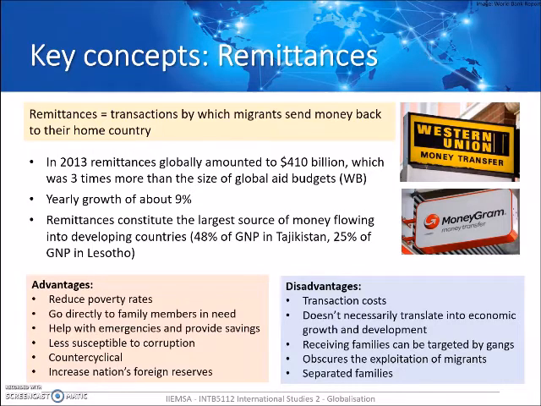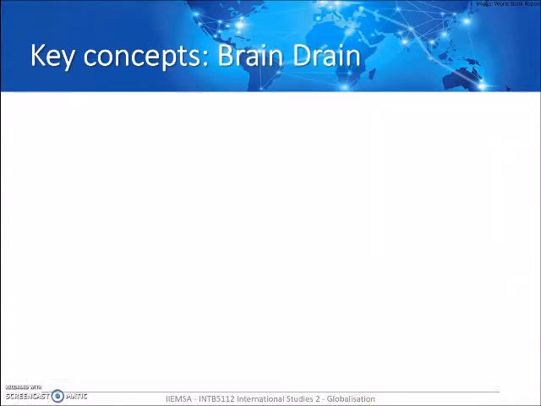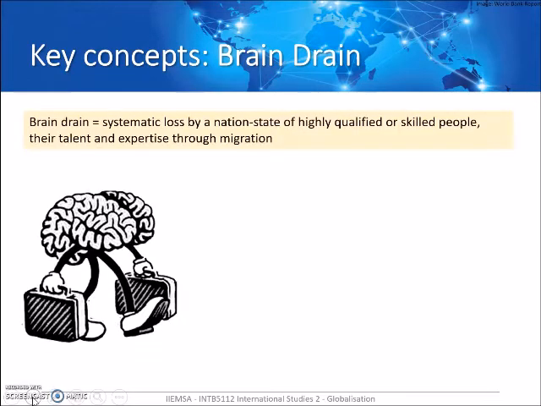So this is a really important concept, particularly because of the amount of money that it is globally. It's something that is very much underestimated, but it's one of the major capital flows around the world. Now, another really important concept when we talk migration is the concept of brain drain. It's the systematic loss by a country of its most highly qualified and most skilled people, their talent and their expertise through migration.